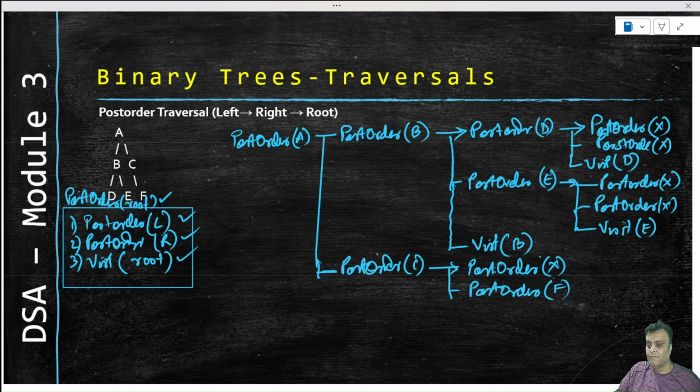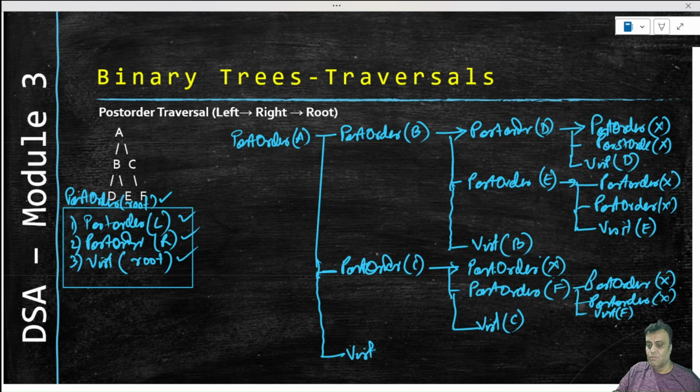C's right is F. So that initiates one more recursion, which is post order of the left of F, which is nothing, post order of the right of F, which is nothing, and then the visit of the root, which is F. And once this is done, I can visit the root, which is C. And once this is done, I can visit the root, which is A. And that's all.